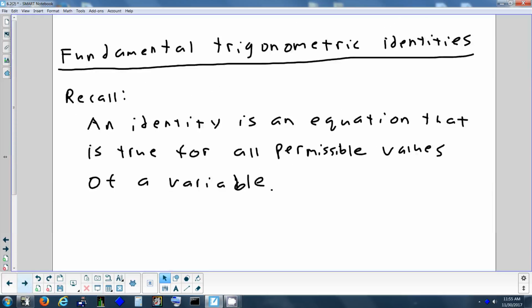Could you do it with 57? Yes. If you take the sine of 57 and flip it, you get the cosecant. Could you do it with 66.2? Yep. It always works. What about negative numbers? Yep. Fractions? Yep. All values. An identity is not an equation that's true some of the time. It's an equation that's true all of the time.